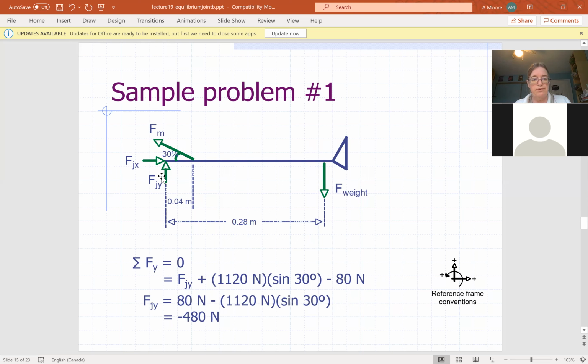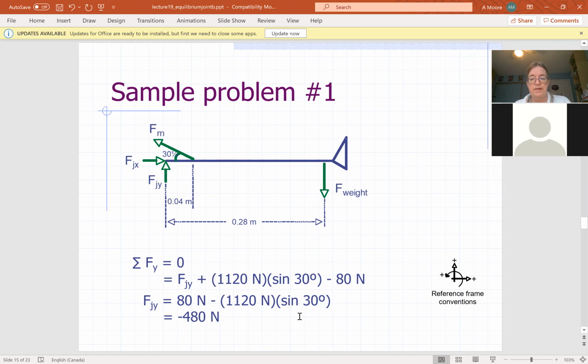And I'm going to put this in as a plus and a minus. And you'll see I did that because that's how I drew my joint force. So joint force Y, the Y component of the muscle force, which is that rotary component, sine 30, minus 80.